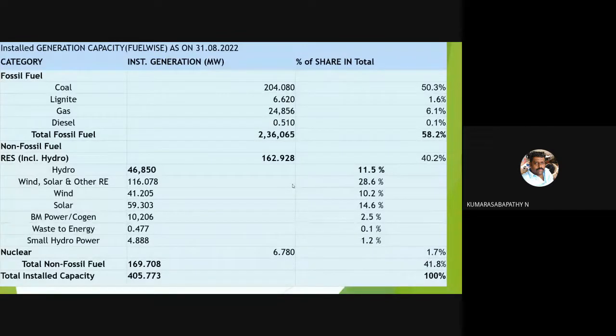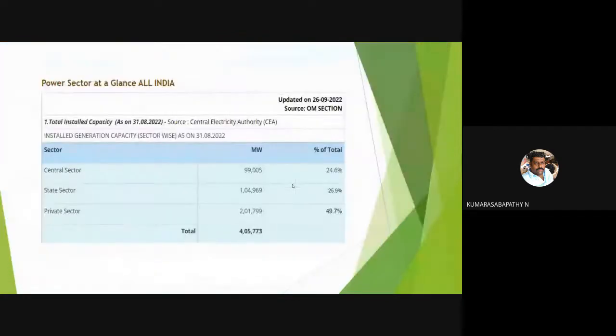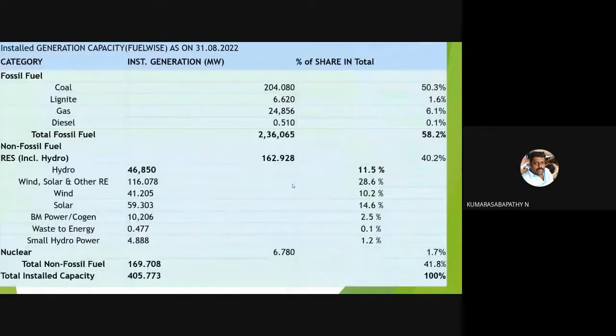So the previous one was the installed power capacity, and this is about the contribution of power from renewable energy sources as well as non-renewable energy sources, which is being generated in our nation.